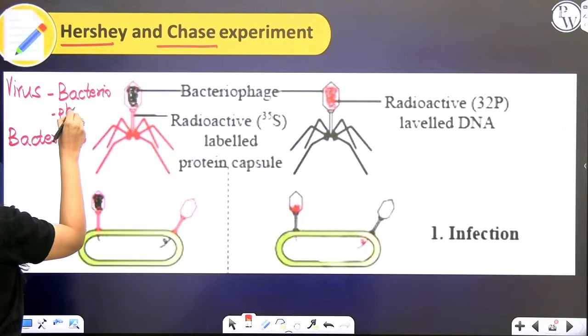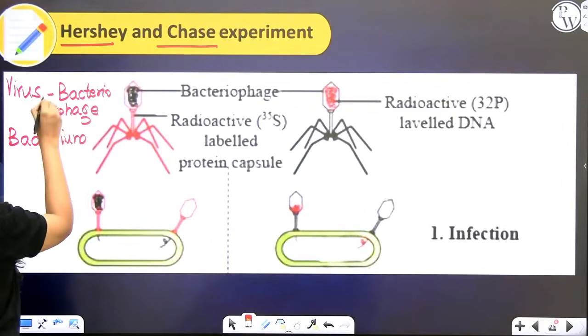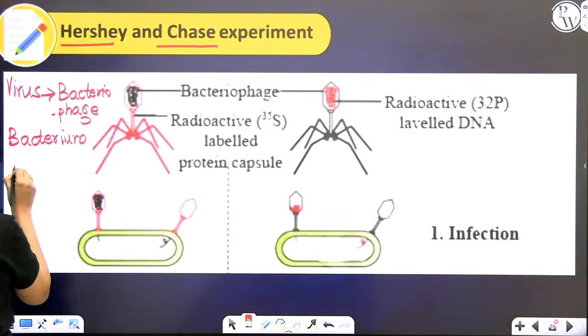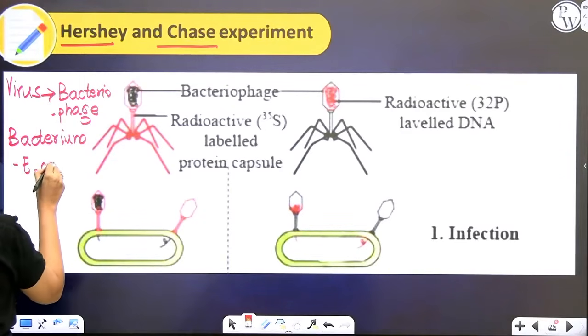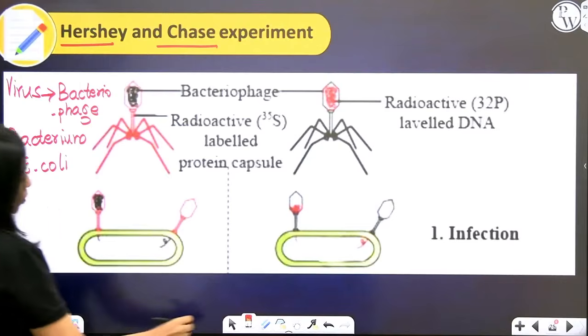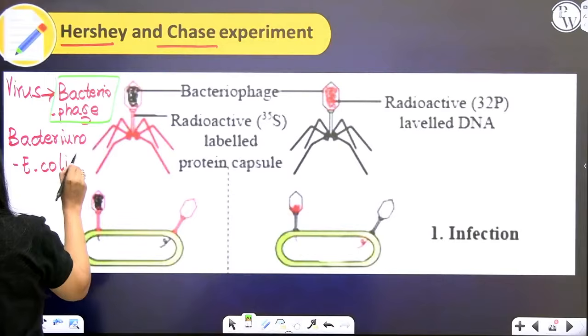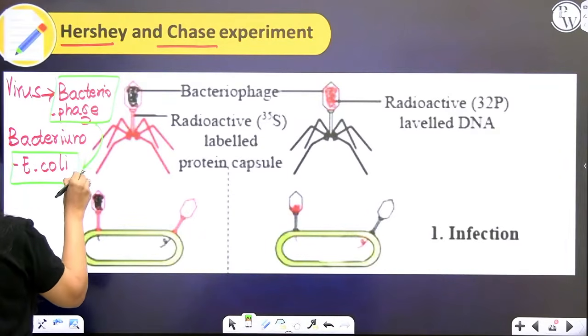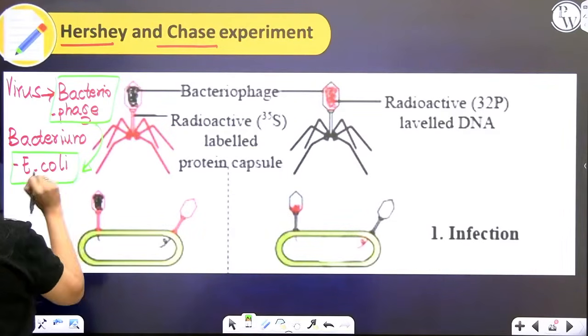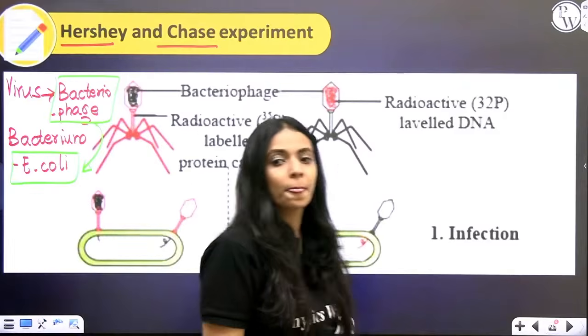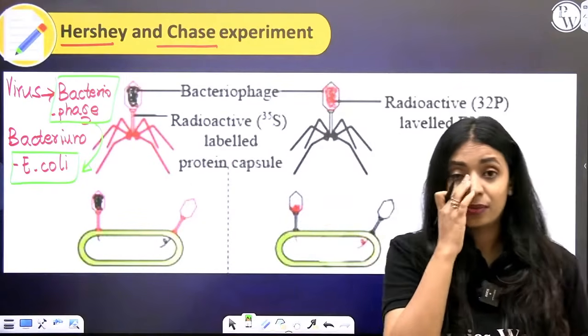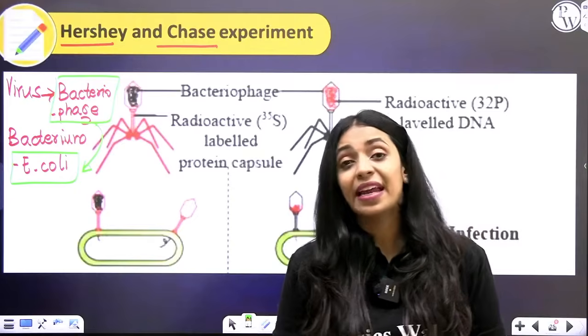So they used a bacteriophage that infects the E. coli bacteria. So which are the two organisms that they made use of? Bacteriophage and E. coli. This virus causes infection in E. coli bacteria. So what they basically did here was, they did radio labeling.